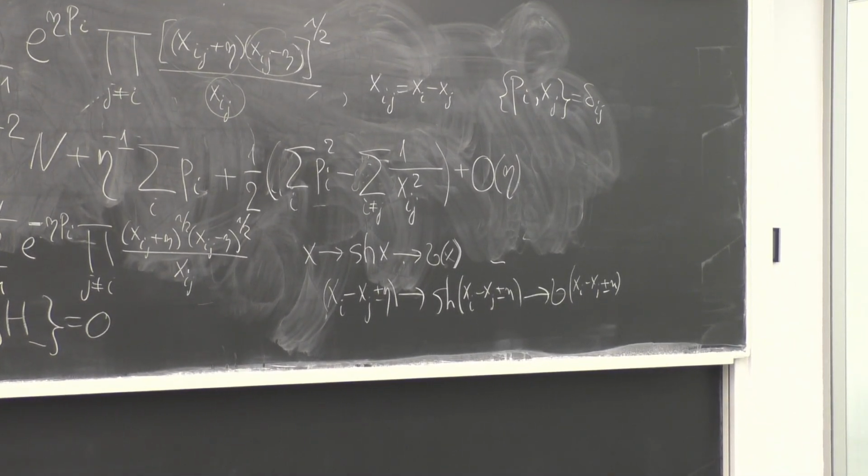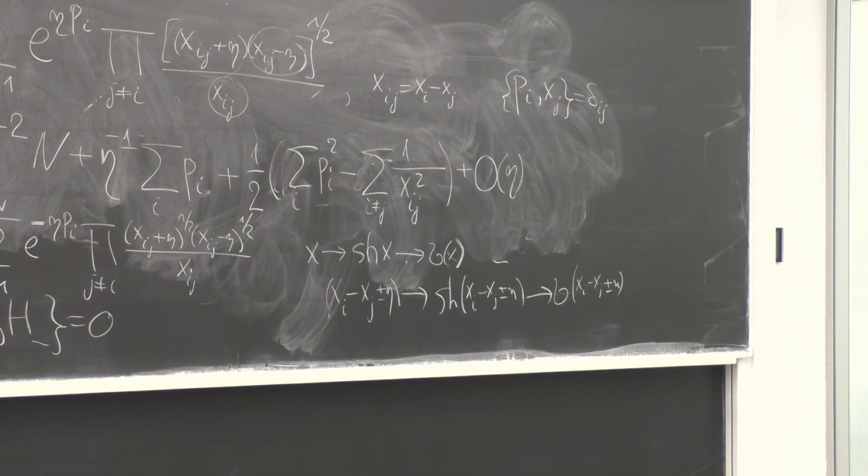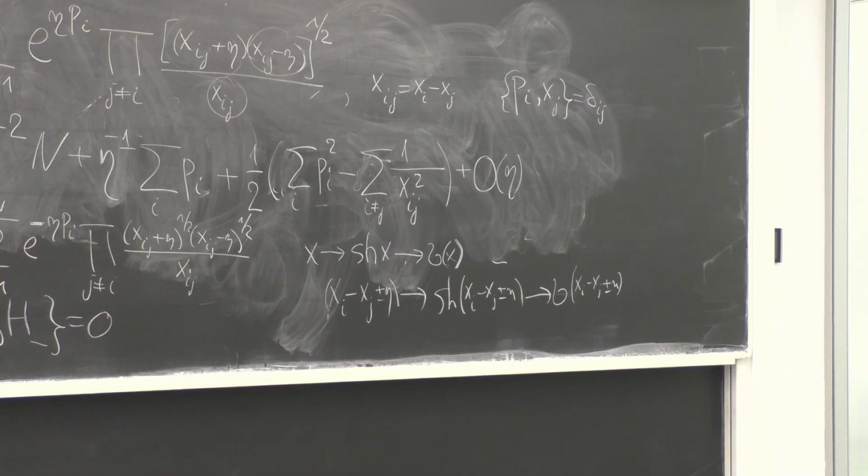Again, in this case, the Lax representation for the elliptic model has some additional parameter, a spectral parameter, and you can define the spectral curve.